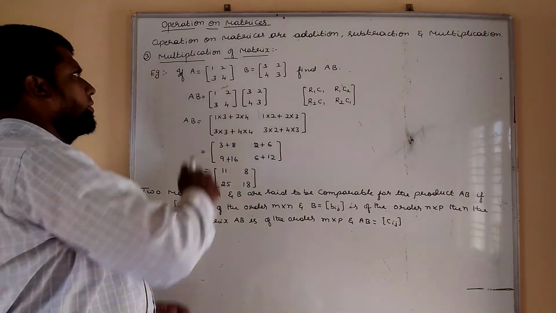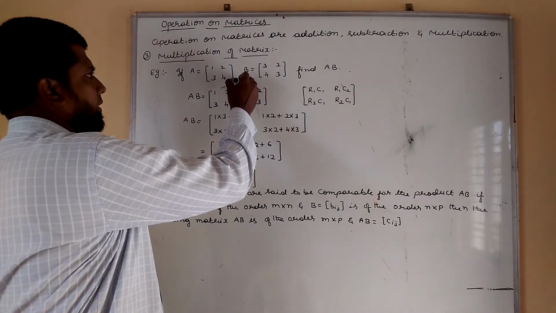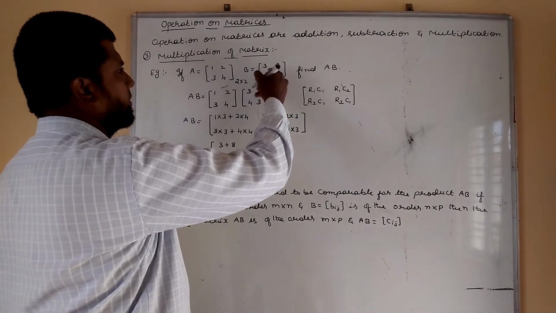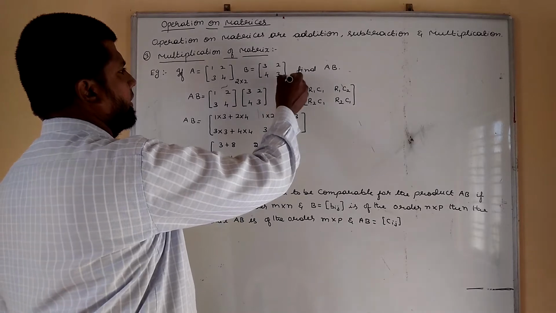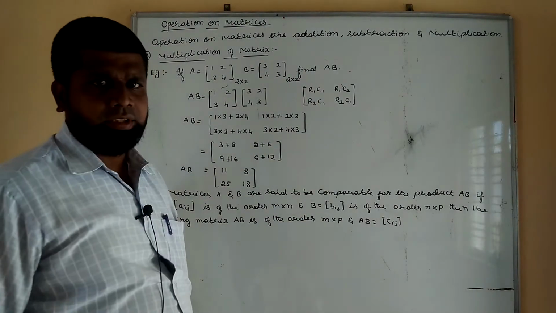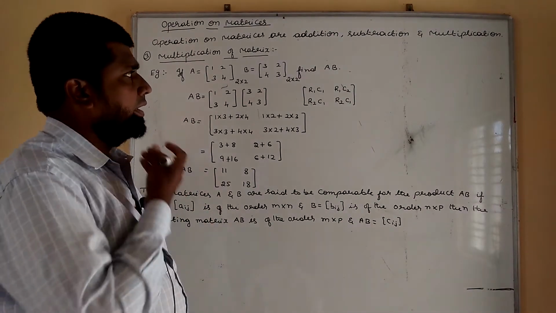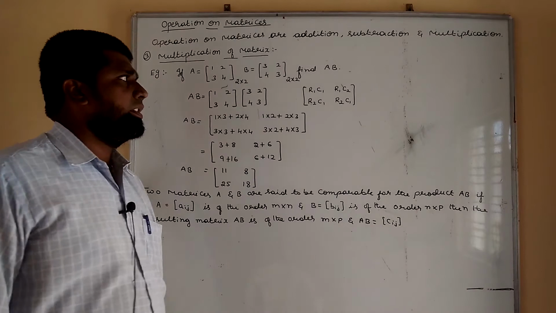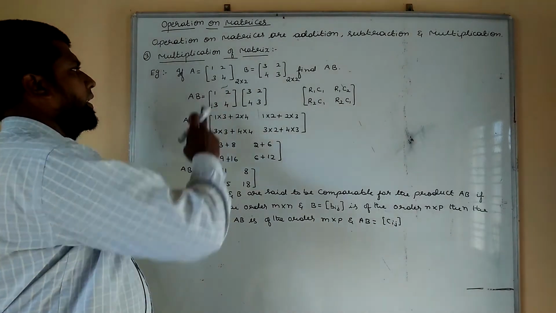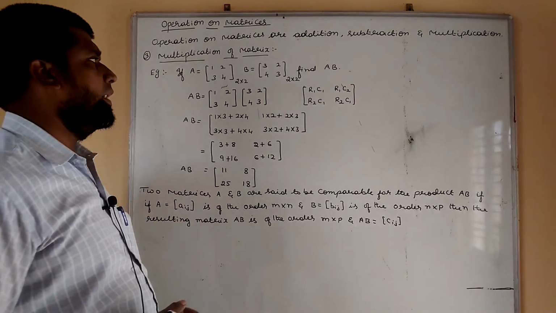If A is equal to 1, 2, 3, 4 of order 2 cross 2 and B is equal to 3, 2, 4, 3 of order 2 cross 2, find AB. So AB means we have to find A into B. In addition, we add the corresponding elements. But multiplication is different from addition.